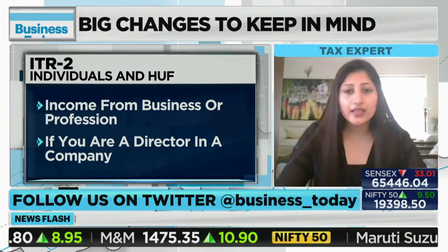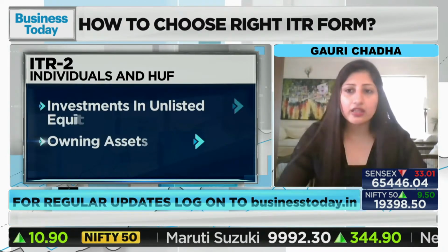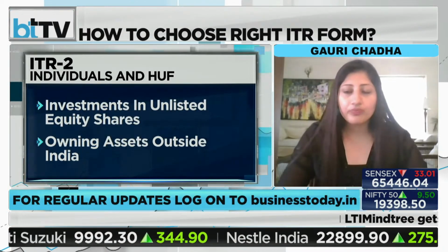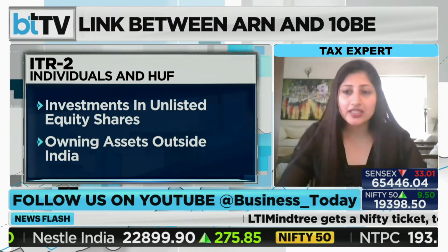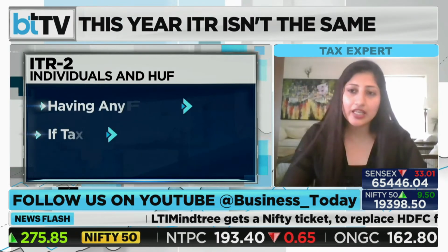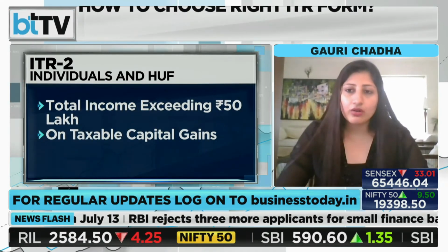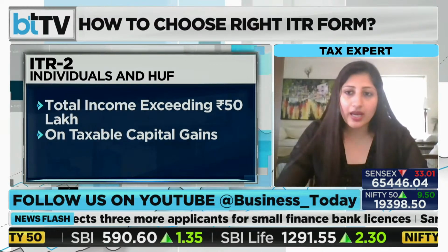Second is the introduction of AIS. Earlier there was no AIS. Now, when AIS is in place, it reports all the incomes. Earlier, while filing your return, you had no clue and you may have missed your capital gain income.